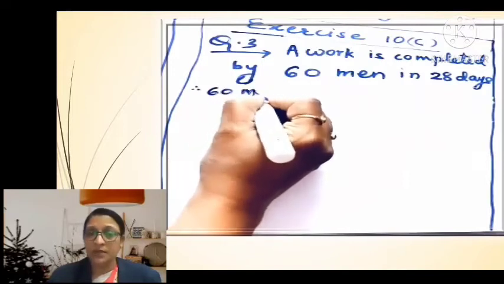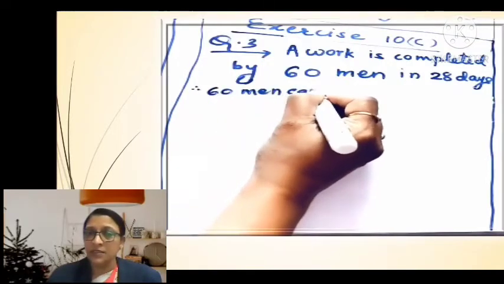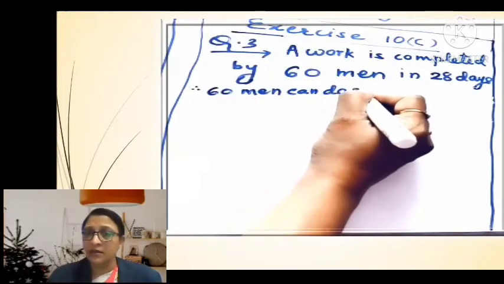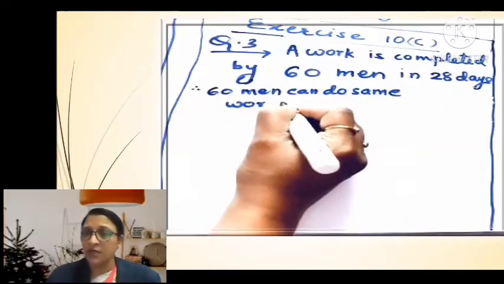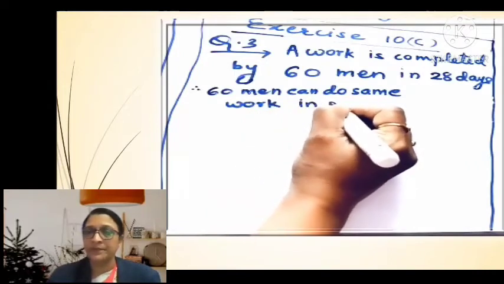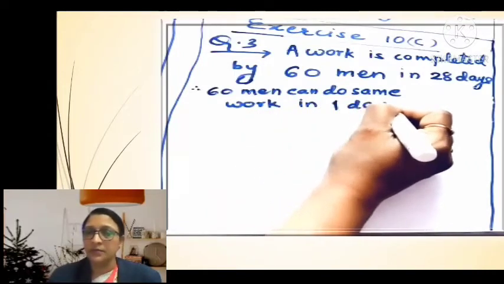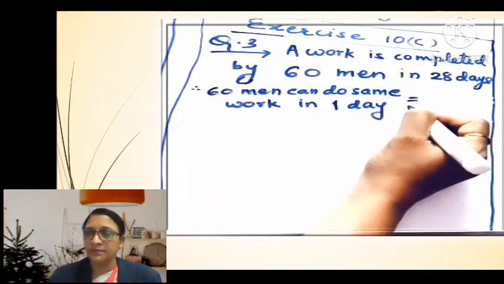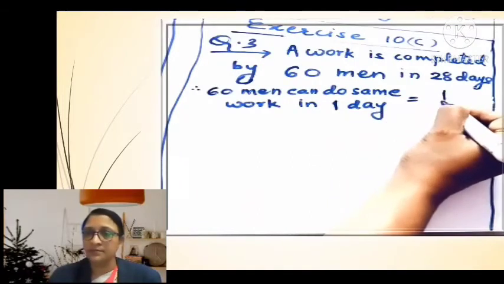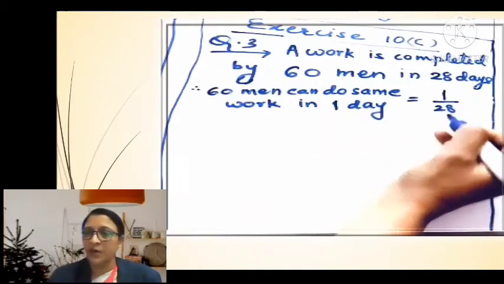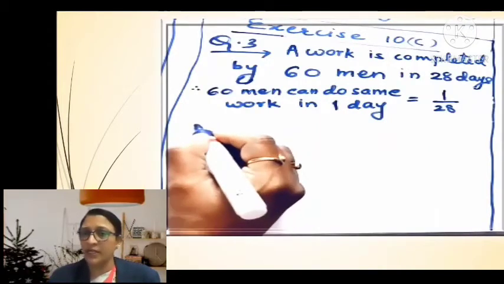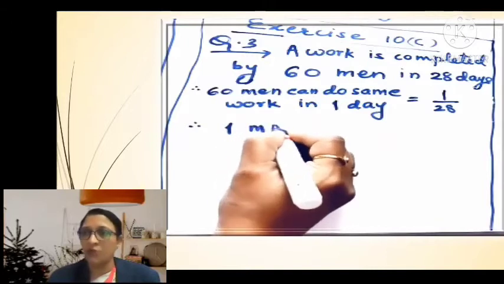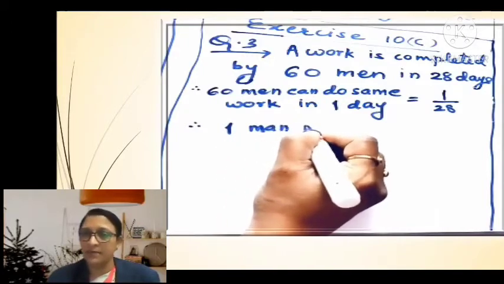Therefore, 60 men can do the same work in 1 day equal to 1 upon 28. So 1 upon 28 is the amount of work done by 60 men.